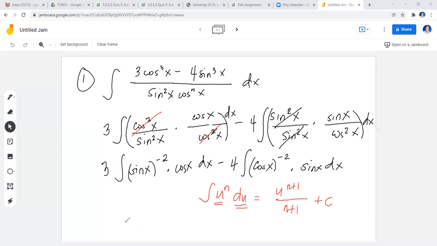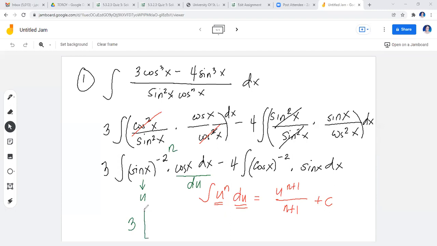Isn't it that your u here is sine x? This is your u. What's the du of sine x? Isn't it cosine x dx? So this is your u, this is your du, and this is your n. Are you getting me?